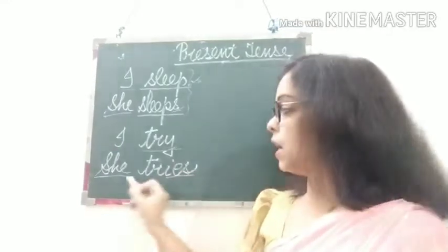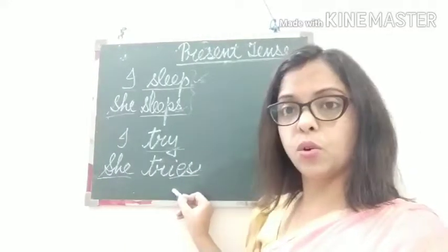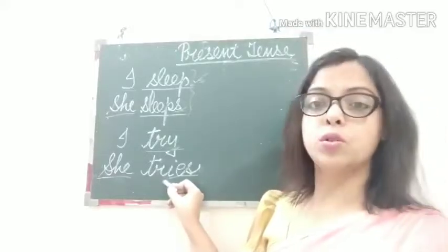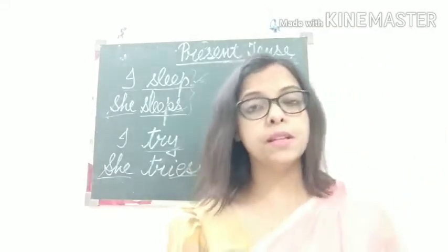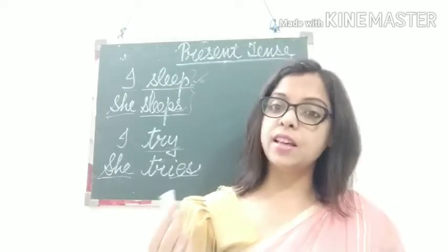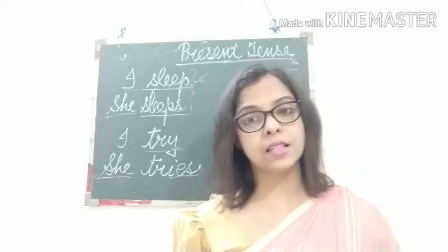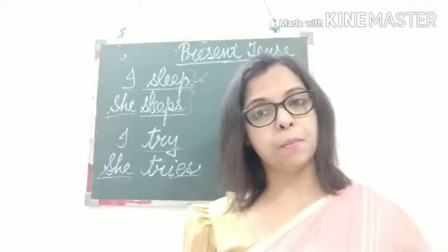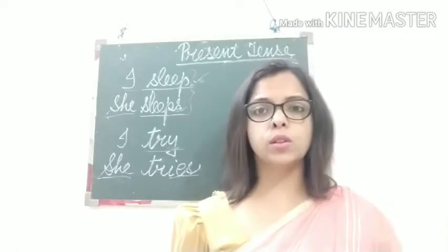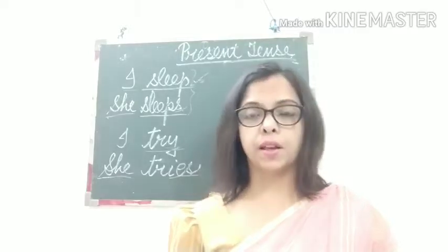Now it becomes she tries. So this tries is also in the present tense. So to show that the verb is in the present tense, we either use the verb as it is, or we add s or es to it depending upon the words or the sentence we are talking about.